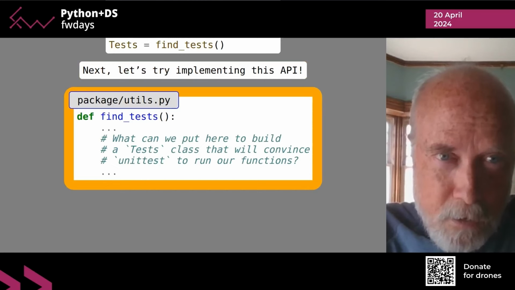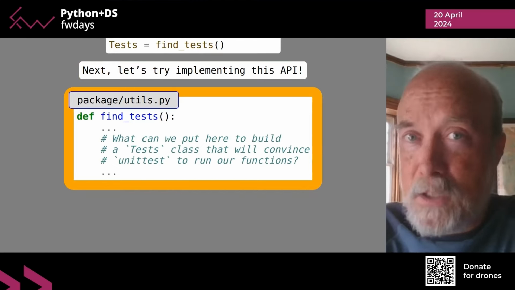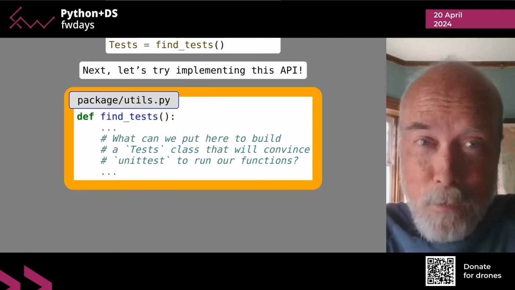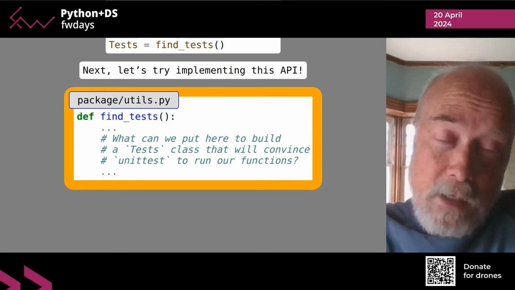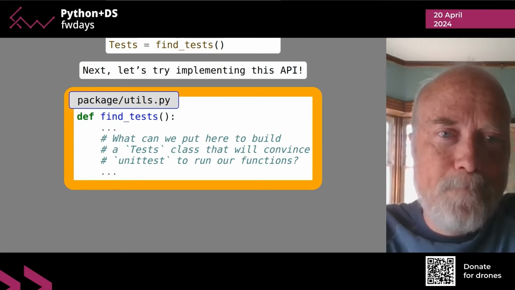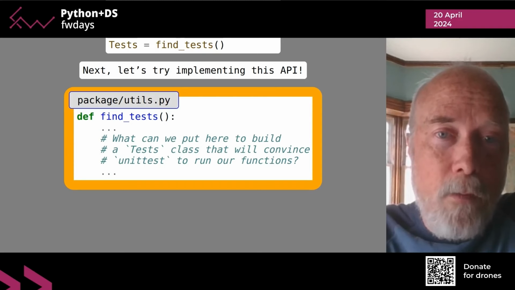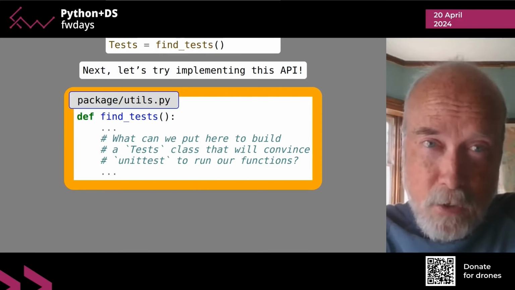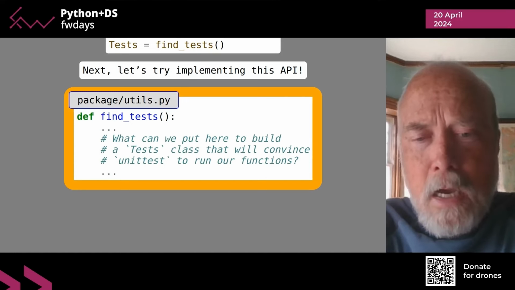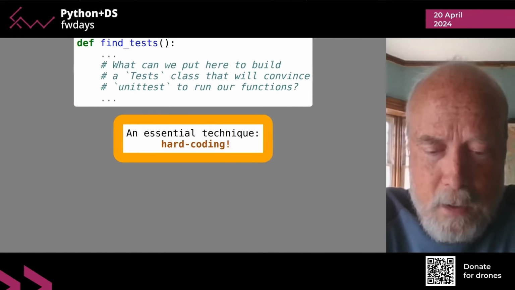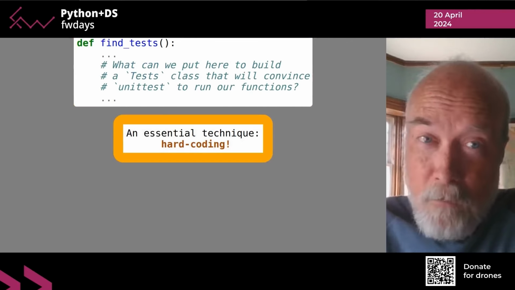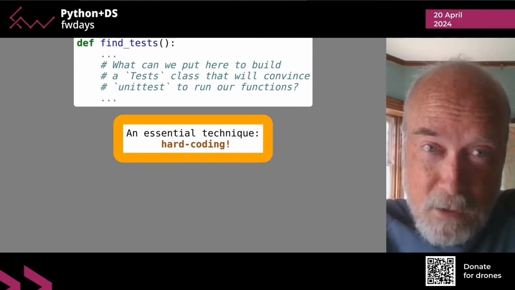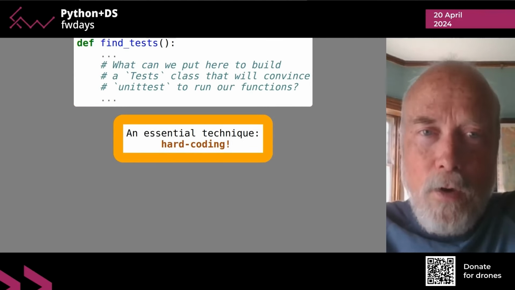Package utils.py. I just promised myself I would write it by trying to import it, and it'll obviously need a find tests function. All right, what can we put here to build a tests class that will convince unit tests to run our little functions? I am going to use what, for me to have good velocity, is an essential technique: hard coding.